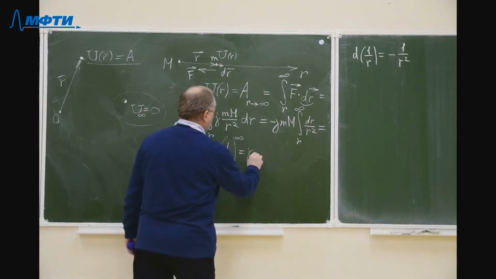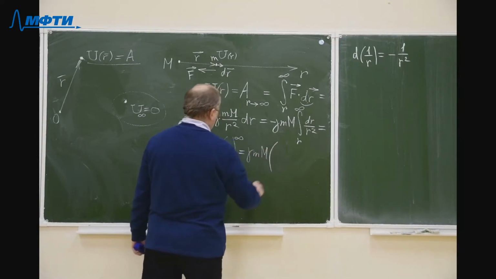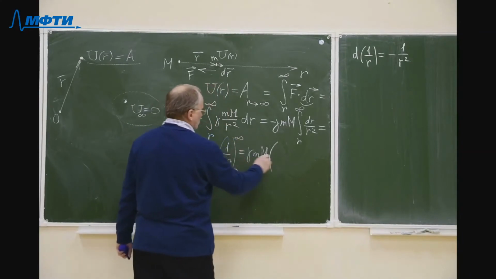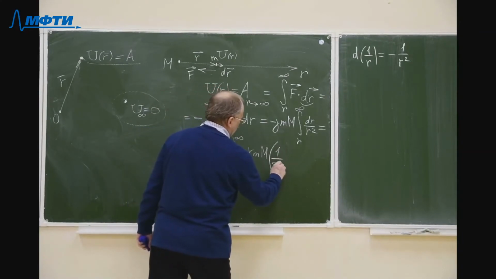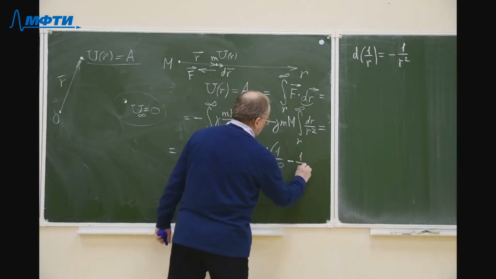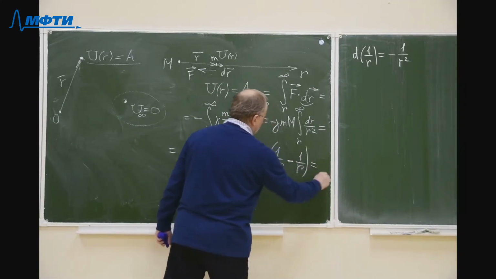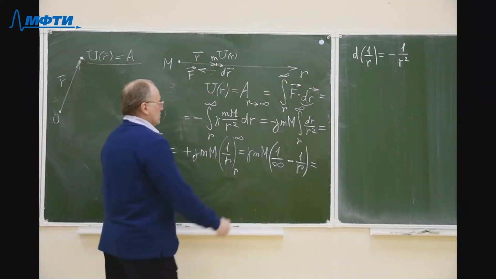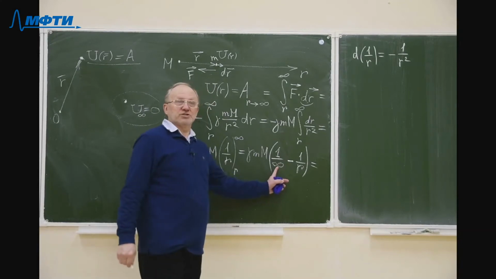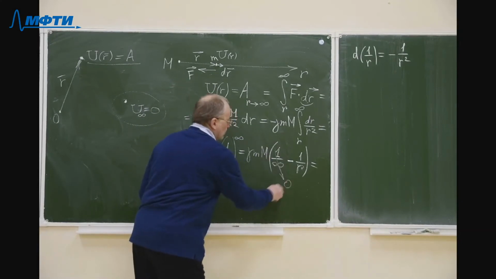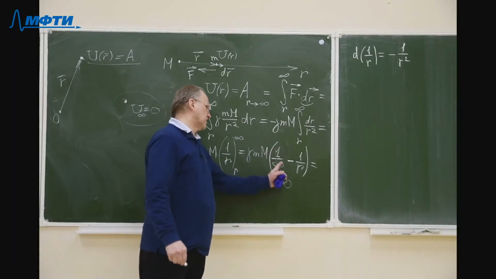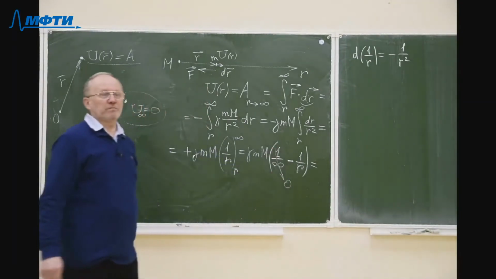So it will give me gamma m capital M. First I take this at infinity, in the upper limit, 1 divided by infinity, minus the same expression taken at distance r. What if we divide 1 by infinity, by an infinitely large number? That will be 0, certainly. If you divide 1 by a very large number, an infinitely large number, you will obtain 0.